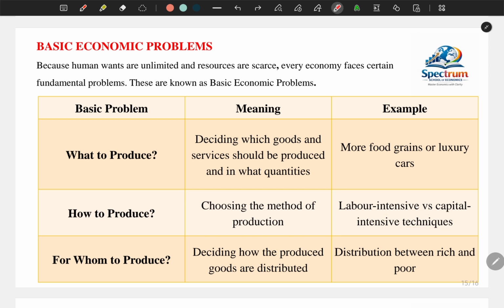For whom to produce is like a fight between rich and poor: whether for rich or for poor has to be decided. So this is about all the background things related to economics.